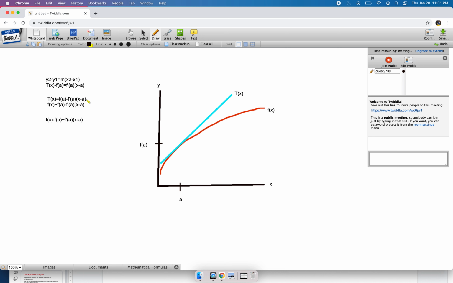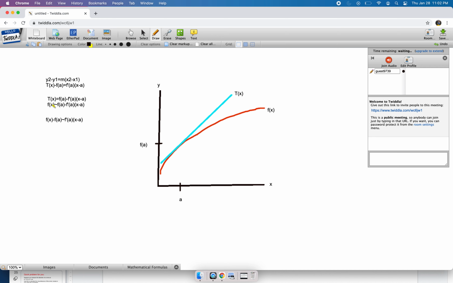Now let's get the approximate equation for f of x. It is approximately equal to the equation for this tangent line. However, the approximation gets worse and worse as we get farther from the tangent point. But if we're really close, this tangent line approximates the function fairly well. This is called linearization from your calculus class.